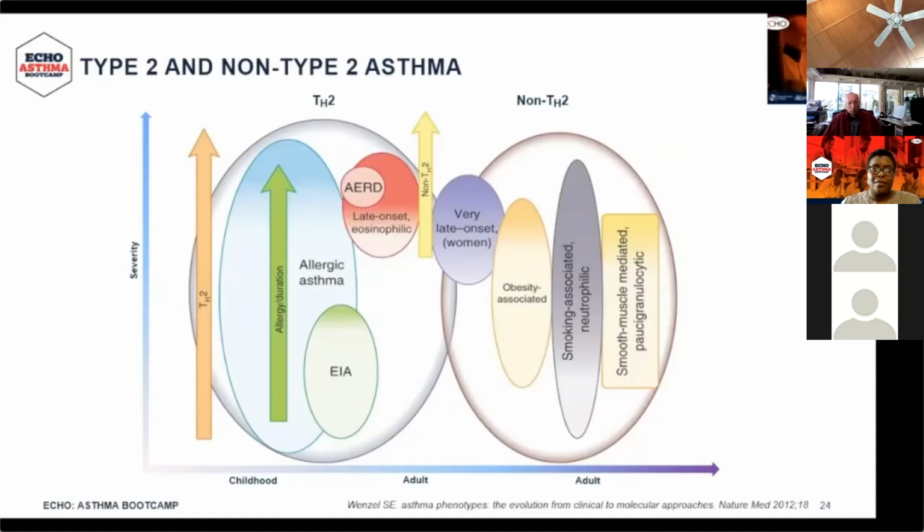Most non-type 2 asthma, however, tends to be adult onset and more likely to be associated with obesity. Late onset, particularly in women, can be associated with smoking, in which case it's more neutrophilic, as well as this concept of quasi-granulocytic or non-inflammatory asthma.